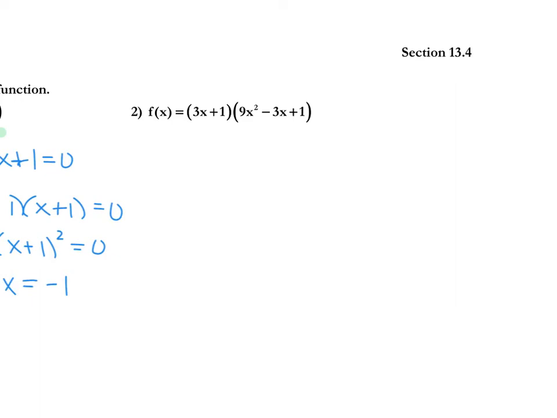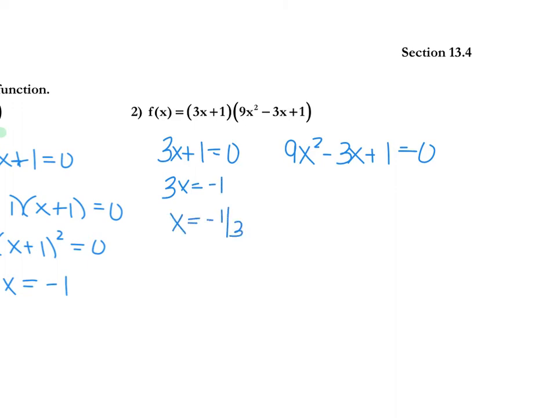All right, so again, anything with a variable must be set equal to 0. Okay, the one on the left, pretty straightforward, right? To solve for x, it's a linear equation. Okay, on the right, so we can't use square roots. We could try to factor this. So multiply a times c, that's 9, that's -3.